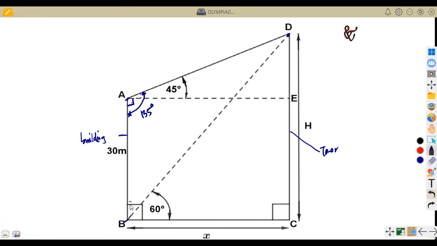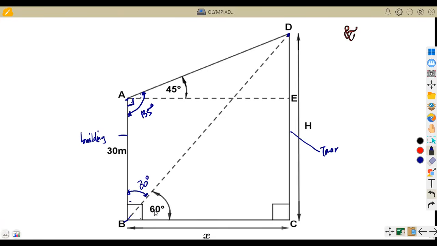Remember, we are given that the whole of this angle is 90 degrees, but at this point, where we have the angle of elevation of 60 degrees, that means we are going to have a remaining angle inside triangle ABD. So 90 minus 60 degrees gives us 30 degrees.